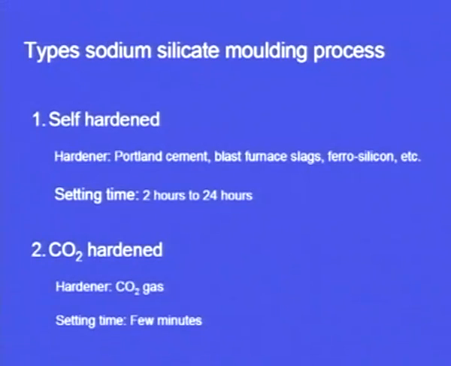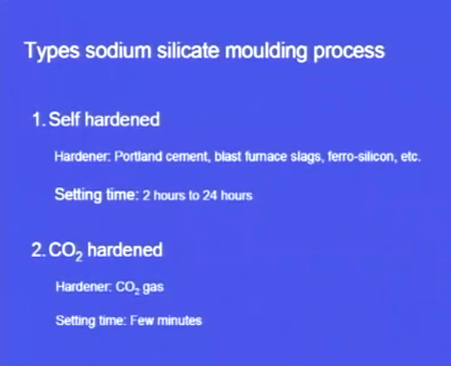In the self hardened sodium silicate moulding process, we add Portland cement or blast furnace slag to harden the sand. We also use ferrosilicon. We place this mixture over the pattern inside the moulding box, and we have to leave it for a minimum of 2 hours.